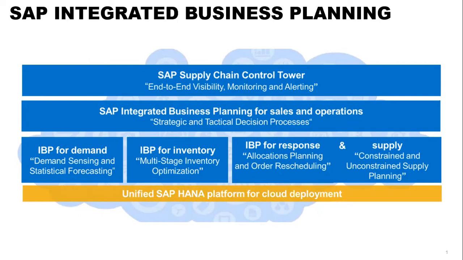We needed to depend upon other tools. Now in IBP, there is no need to depend upon other tools. In-built we have those analytics and dashboards, which are part of the supply chain control tower.